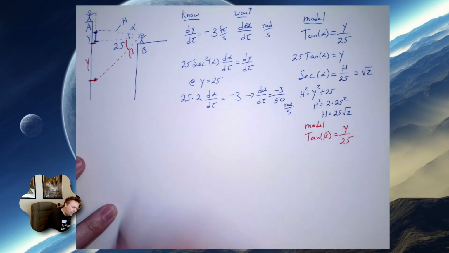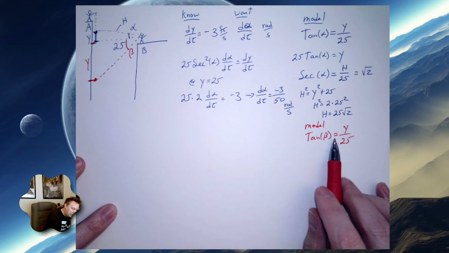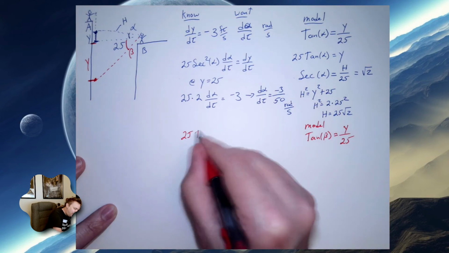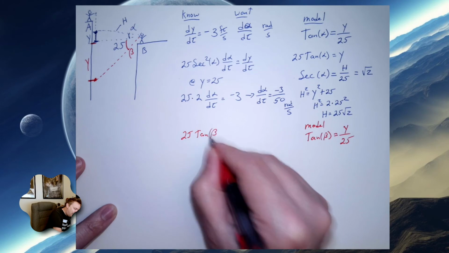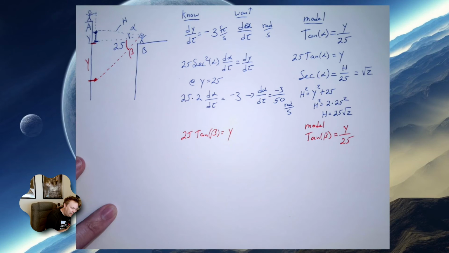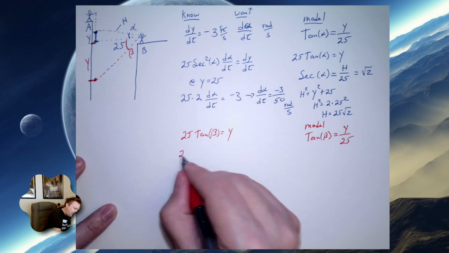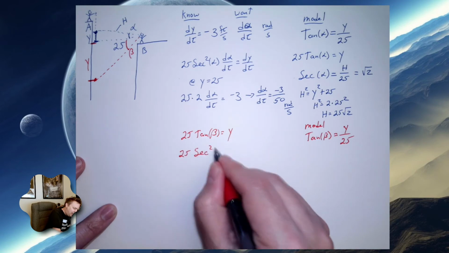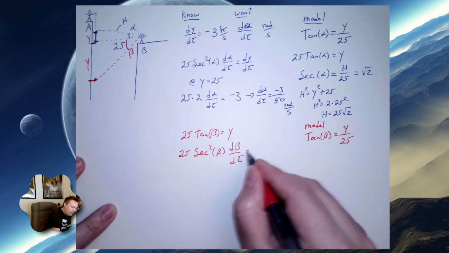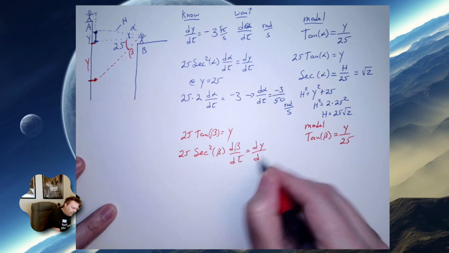My model for part B is going to look something like 25 times tangent of beta is equal to y. Taking a derivative of this, I get 25 secant squared of beta d beta dt is equal to dy dt.